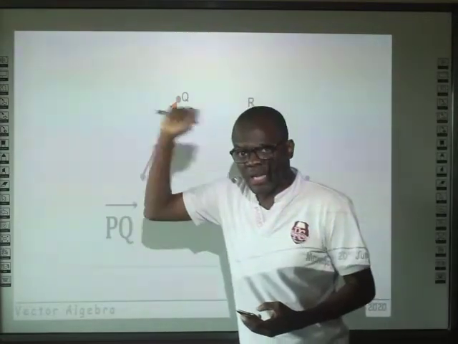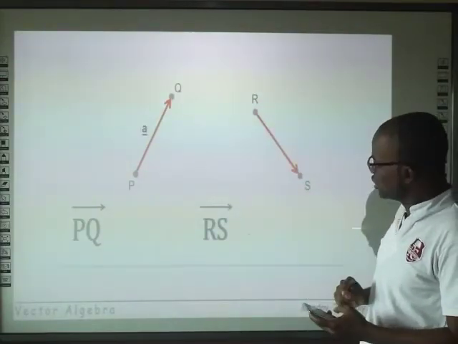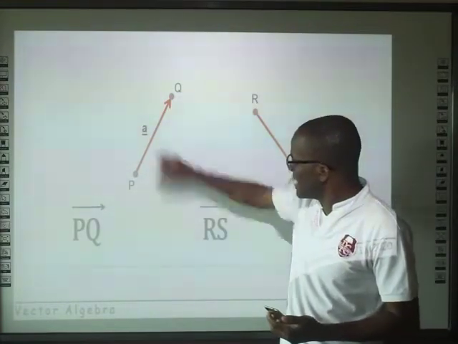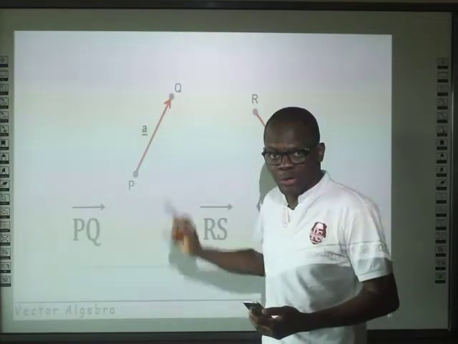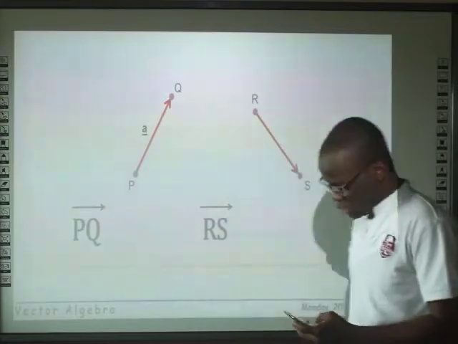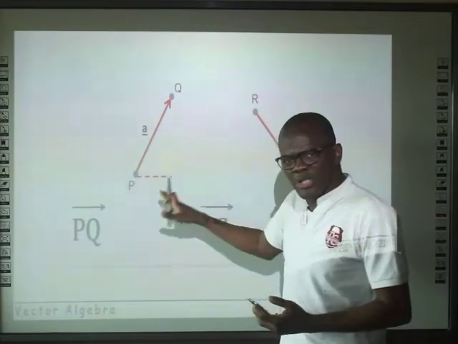The other way, if you recollect from last week, is when you use a notation. In this case, we have the letter A with an underline to show that it's a vector. So the vector A is the same as the vector PQ. Now, let's go into more detail.